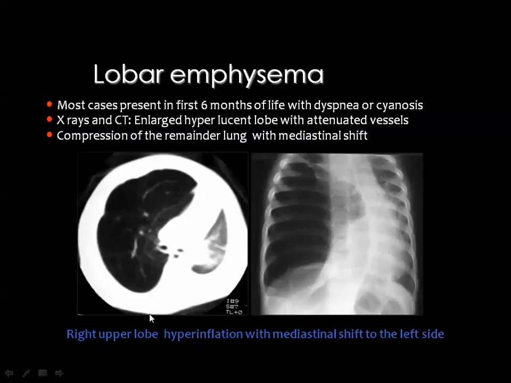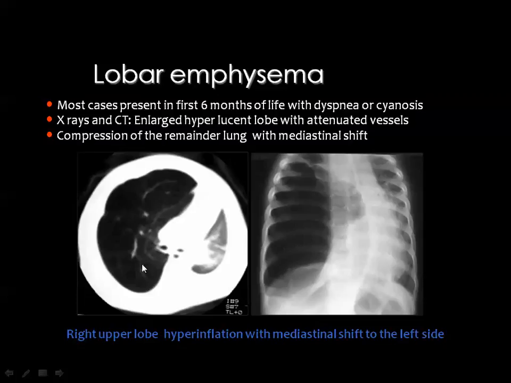And here you see an emphysematous lobe crossing the midline to the opposite side. There is compression of the remaining lung near the diaphragm, with consequent shift of the heart and the mediastinum to the opposite side. If you look at the CT scan and you see a small lung and an enlarged lung, then look at the vascularity. This is the normal vascularity, and here there are scanty vessels.